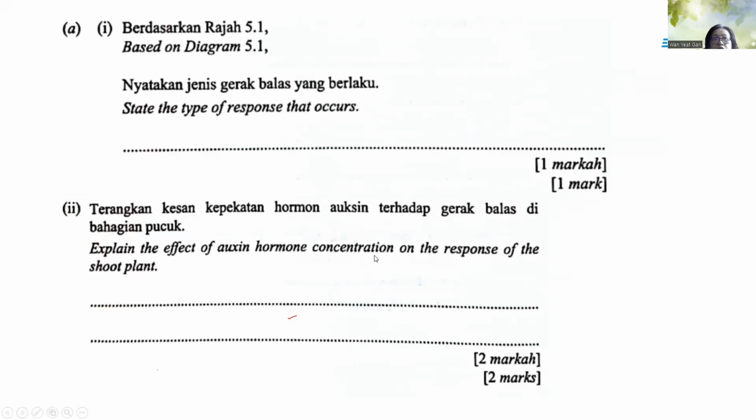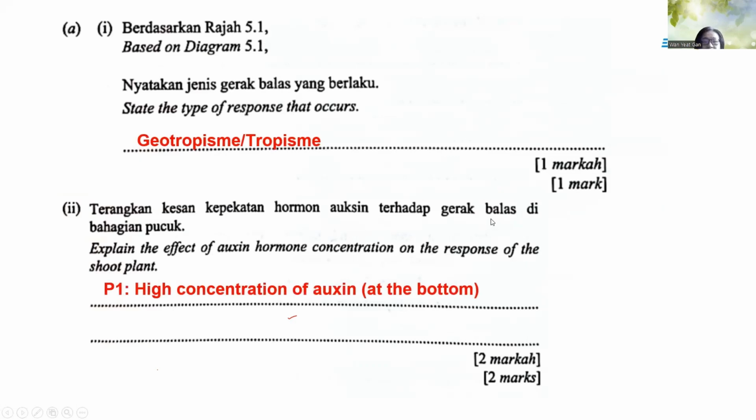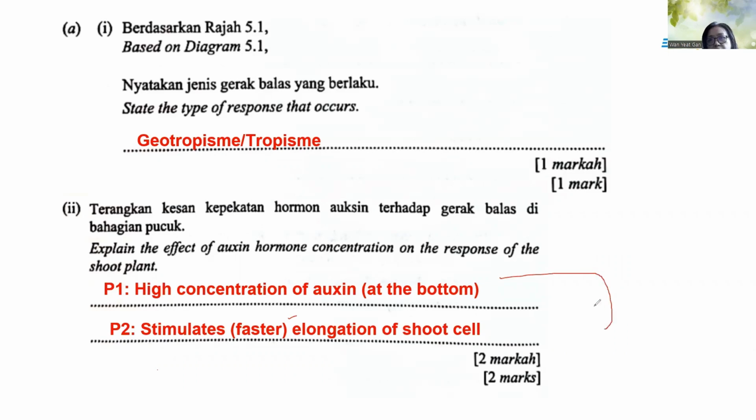Explain the effect of auxin concentration on the response of the shoot. A high concentration of auxin at the bottom will stimulate faster elongation of shoot cells. So if you put the seedling horizontal like this in the beginning, the roots will go this way, going downward.